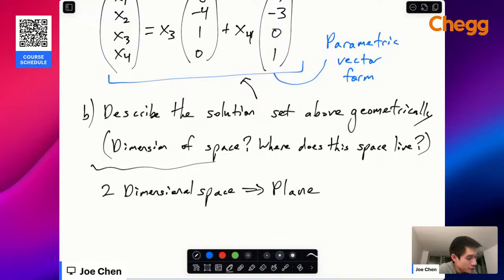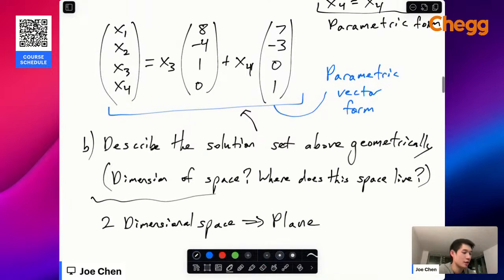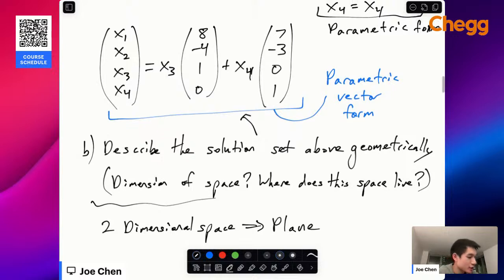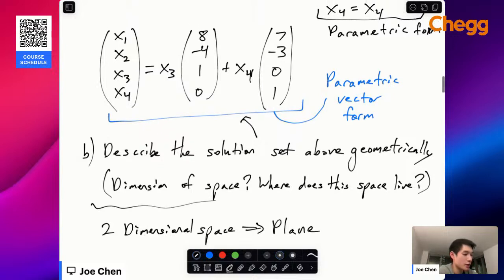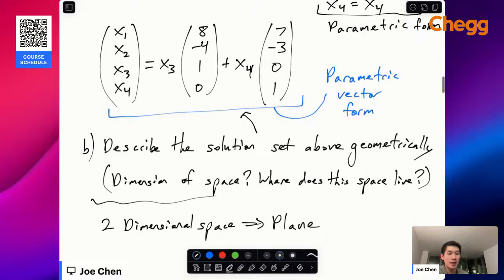Okay, for these types of questions, a lot of students were tripped up by this. The way I like to think of it is, if I take a single solution or a single vector in my set, how many numbers does it have? How many entries does the vector have?